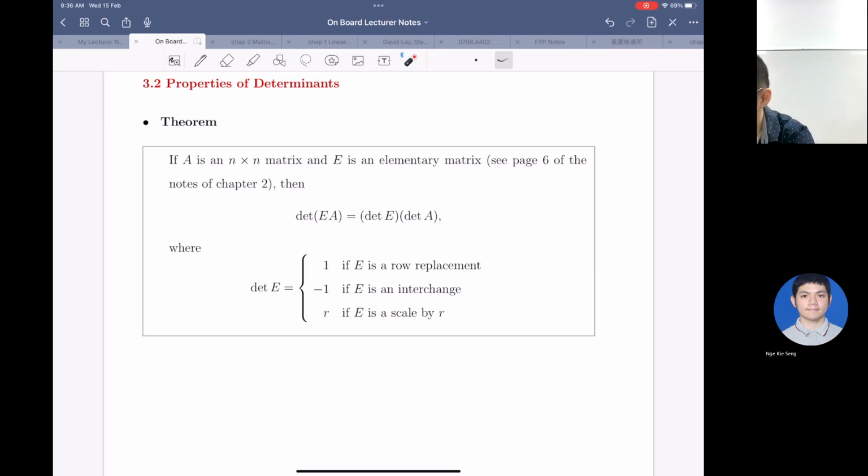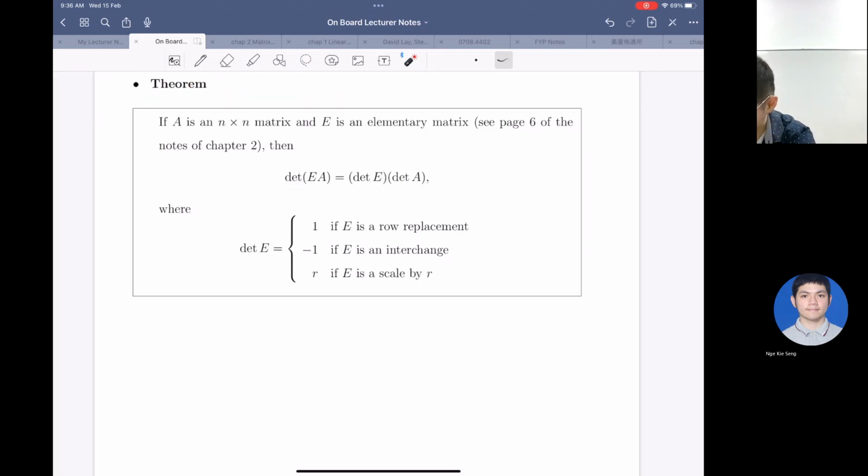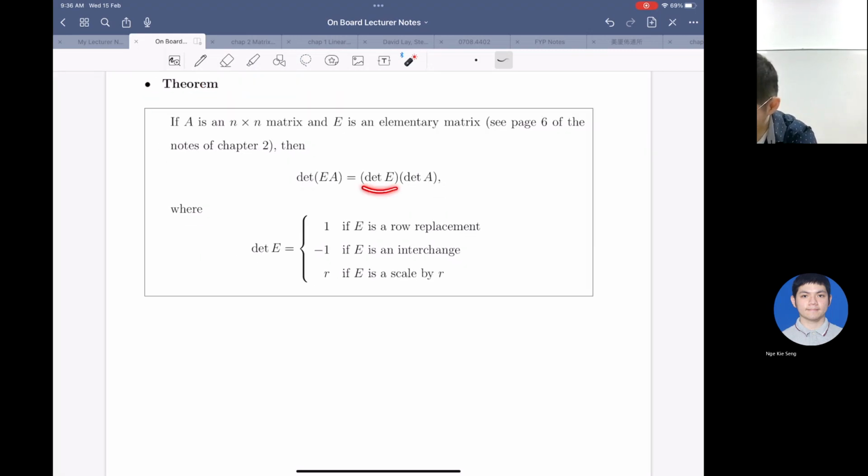The claim here is, if you do row reduction on A and then compute the determinant, it is the same as computing the determinant of A first and then multiplying with the determinant of E. So we divide determinant of E into 3 cases, because you have 3 types of elementary row operations: one is row replacement, one is interchange, and one is scale by R.